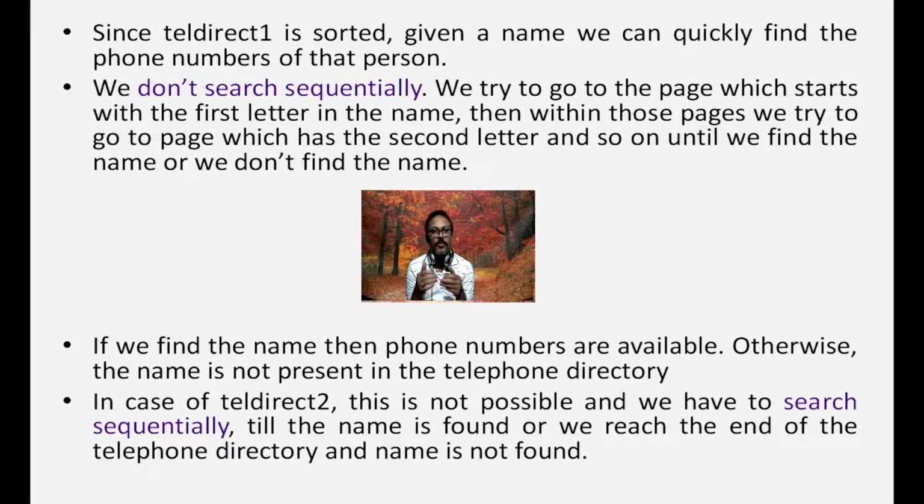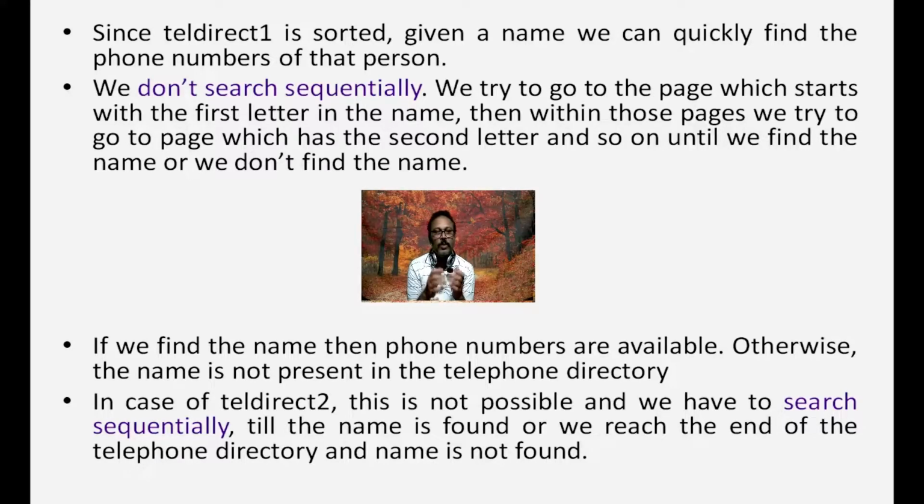Maybe after searching 4 or 5 pages, or maybe a maximum of 10 pages, you will arrive at the name if it is available, and then you can give the phone number. Otherwise, if it is not sorted, then what happens? You don't know where it appears.